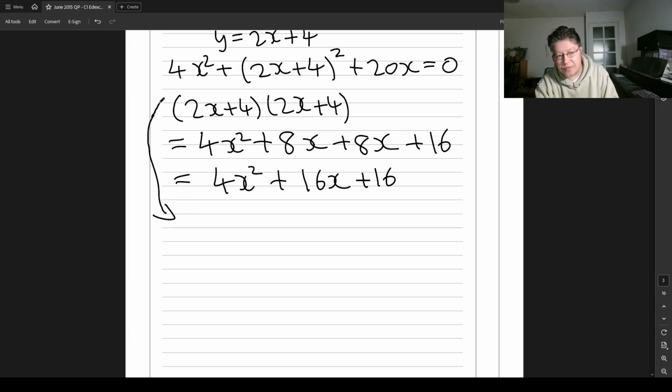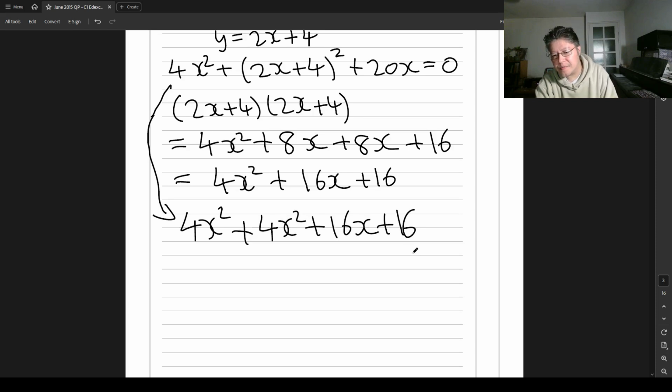We get 4x squared plus all of this, 4x squared plus 16x plus 16, and then we have plus 20x equals 0. Now we'll just collect like terms. We have 4x squared plus 4x squared, that's 8x squared.